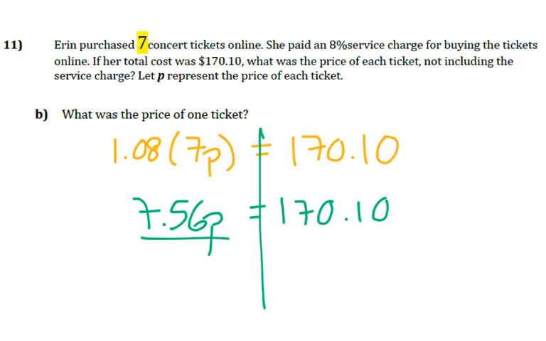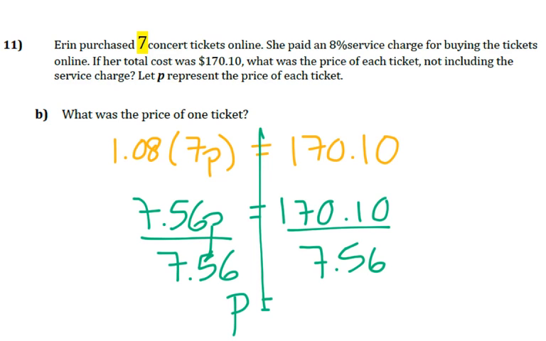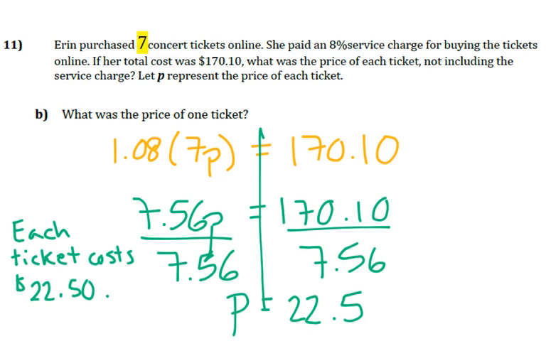Then we're going to divide, since we're multiplying 7.56 to P, by 7.56, or 7 56/100ths, on both sides of our equation. And we end up with P, which is going to be the price of each ticket. So when we divide 170.1 by 7.56, we end up with 22.5, which means each ticket costs $22.50.